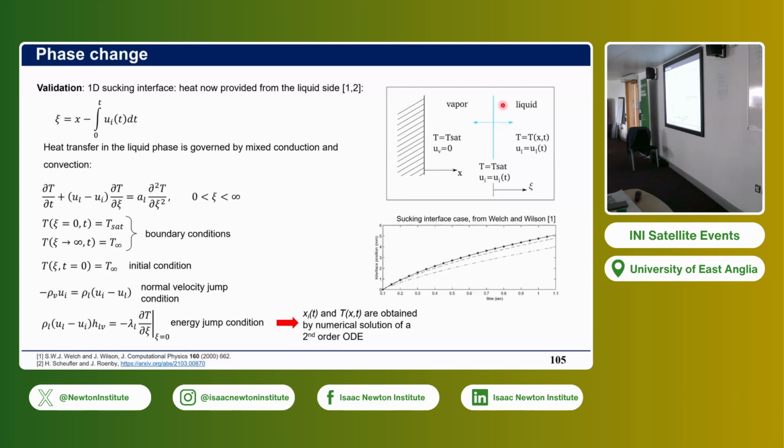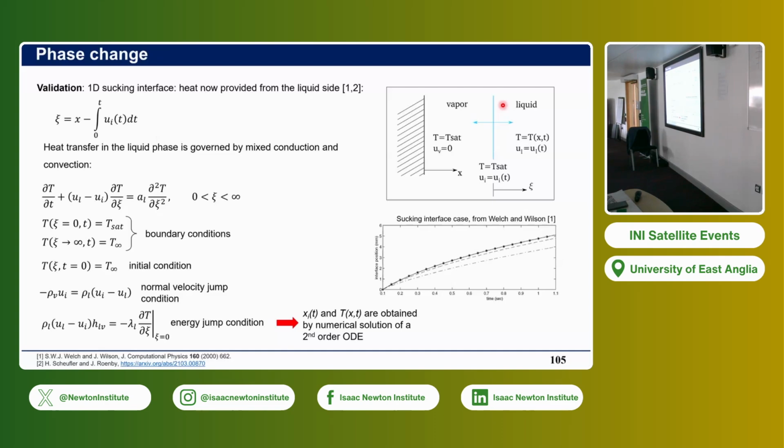This thermal boundary layer is actually quite thin, depending on the fluid properties. And if you don't mesh it with enough cells, you get a wrong result, a not converged result. This problem is not there in Stefan problem number 1, because the heat comes from the vapor.